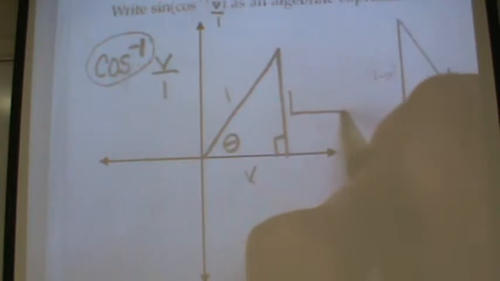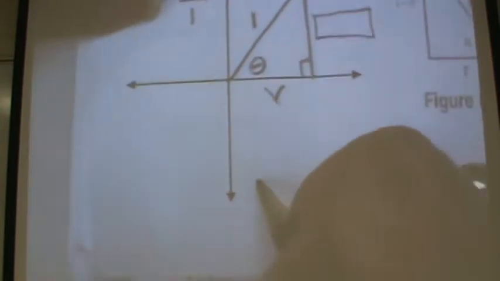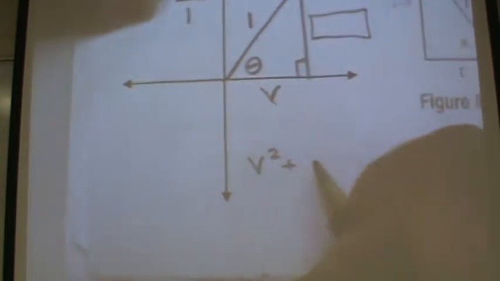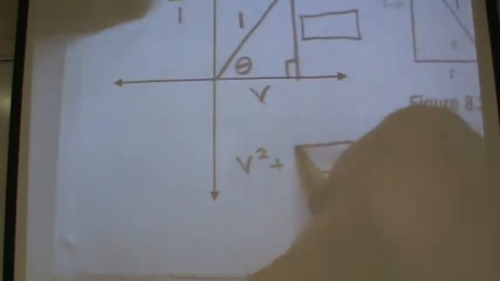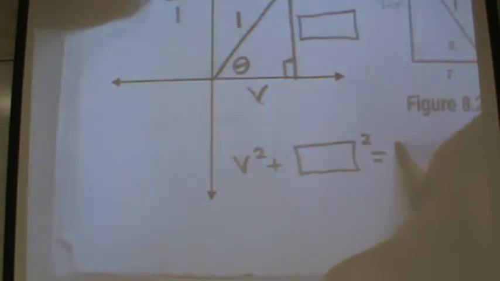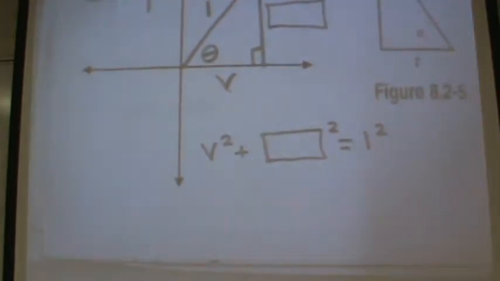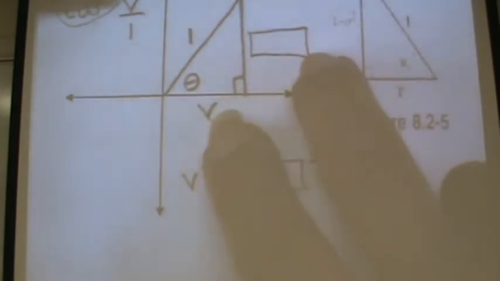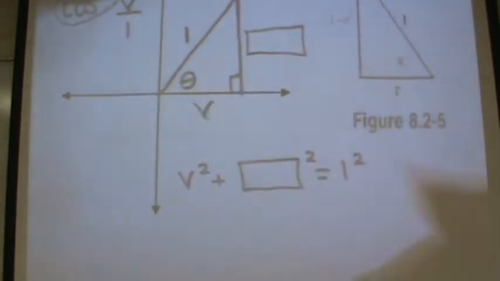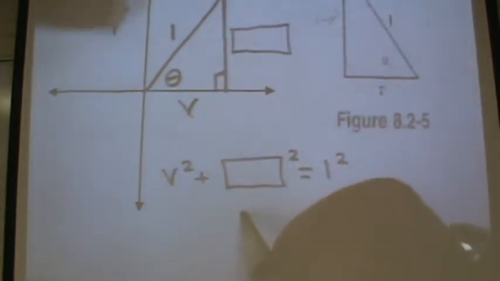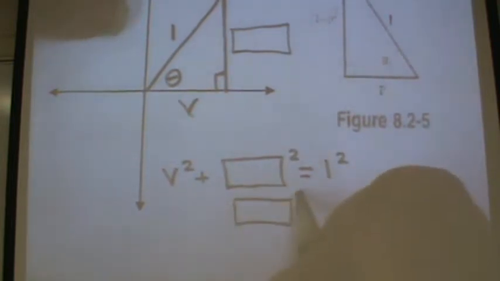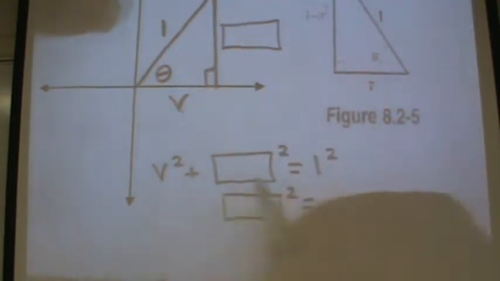So I need to figure out what this side is. By using the Pythagorean theorem, I'm going to do v squared plus this side squared is equal to 1 squared. Everyone understand that? These two sides squared is equal to the hypotenuse squared. So this box squared, which is one of the legs, is 1 minus v squared.